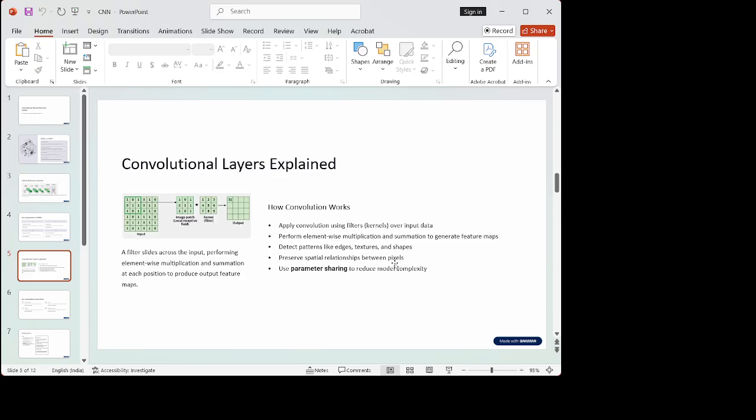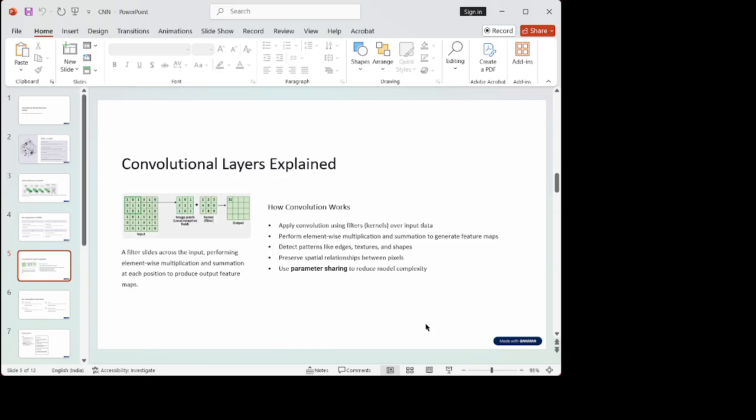If I am given 1, 2, 4, 5, then it multiplies and adds, and gives the value 100 minus 1. Then the filter moves to the next position. This process generates the feature maps.